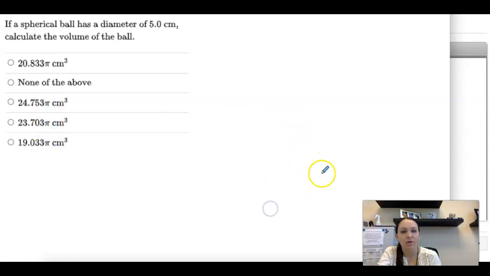I'm only going to do 4/3 and then 2.5 to the third, and then pi will come down as part of our answer. So in my calculator, 4/3 times 2.5 to the third, which is 20.833. And then pi is just part of the answer. This is first one.